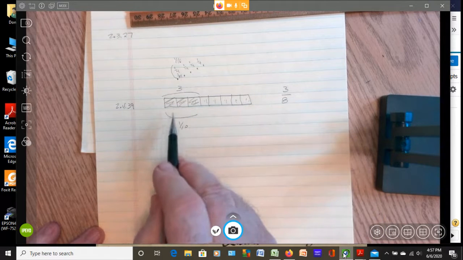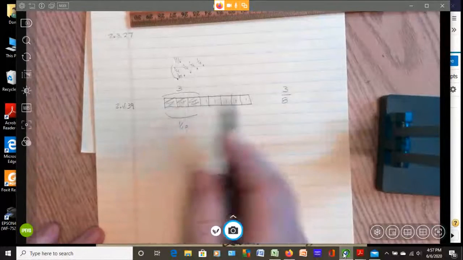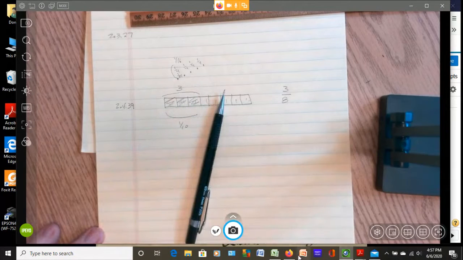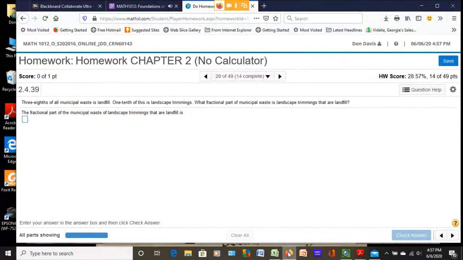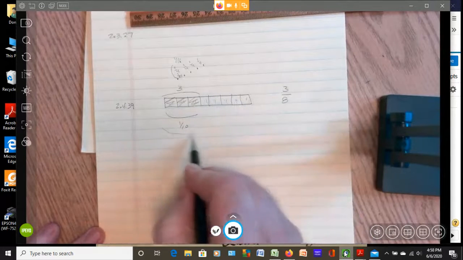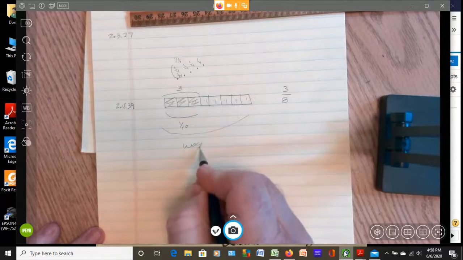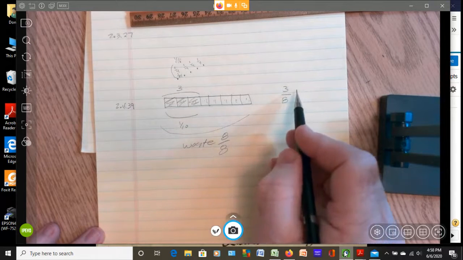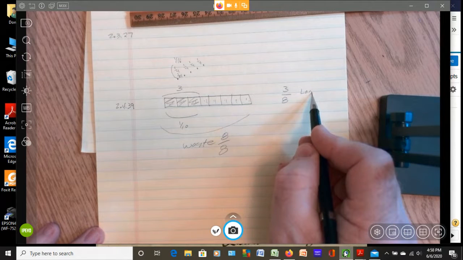3/8 of municipal waste is landfill. All right. So 3/8 of all of this municipal waste, this is all of the waste. All of the waste would be 8/8, right? 3/8 of the waste is landfill.